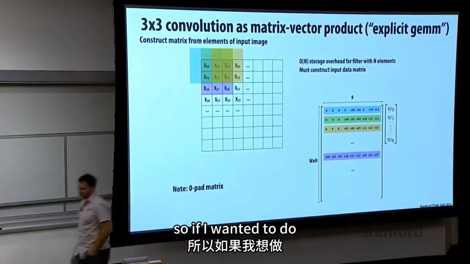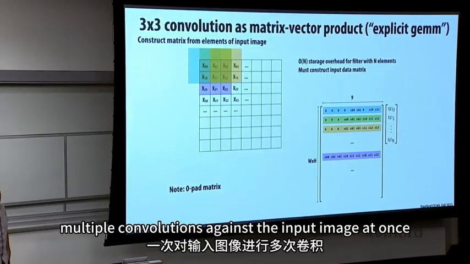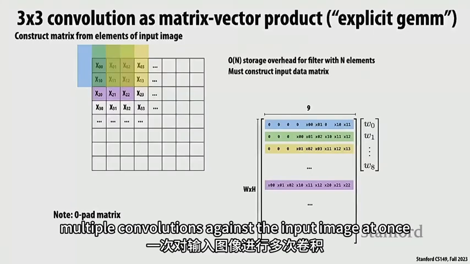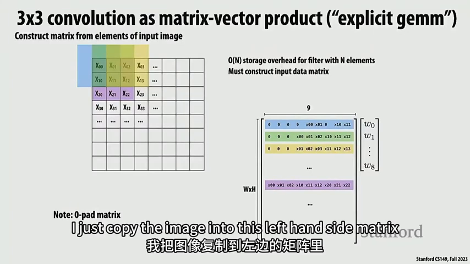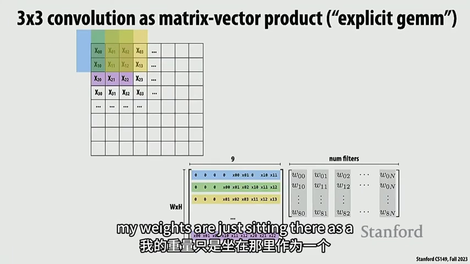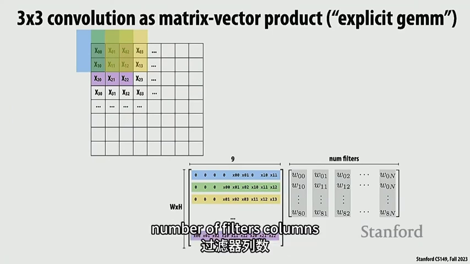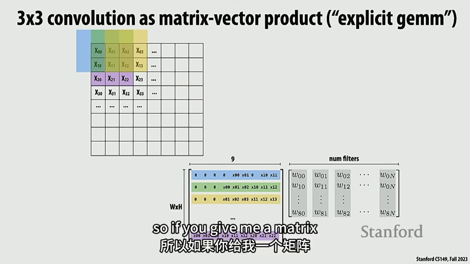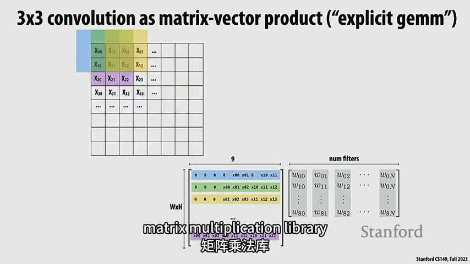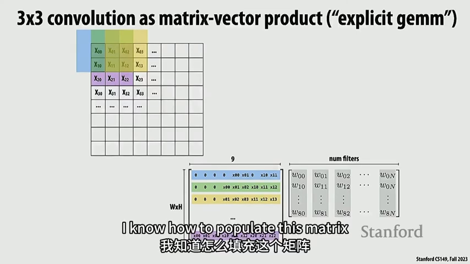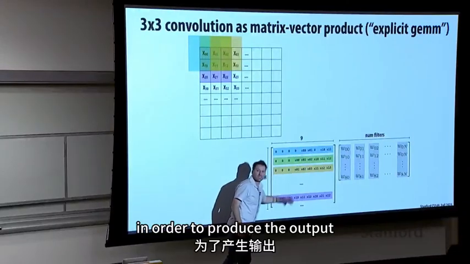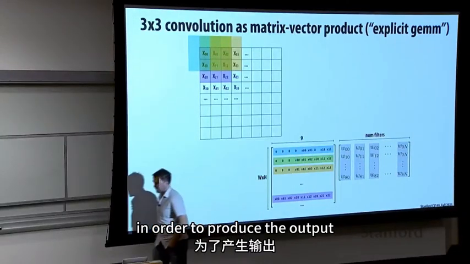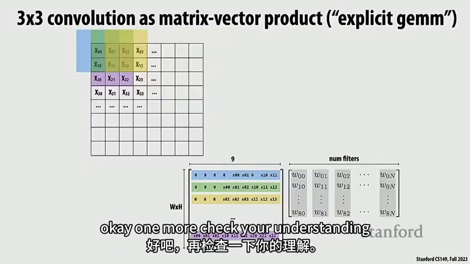So if I wanted to do multiple convolutions against the input image at once, I just copy the image into this left-hand side matrix. My weights are just sitting there as a number-of-filters columns. And now I have matrix products. So if you give me a matrix multiplication library, I know how to populate this matrix in order to produce the output.